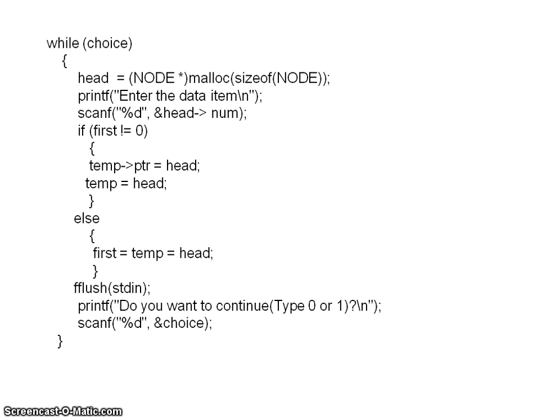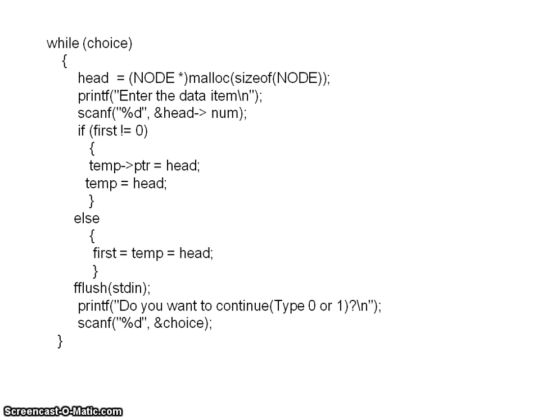Now again with the following instructions, we will link this newly created node with the existing linked list. So this process will continue till we give 0 as a choice. As soon as we give 0 as choice, it will come out of the while loop. So our creation is now complete.